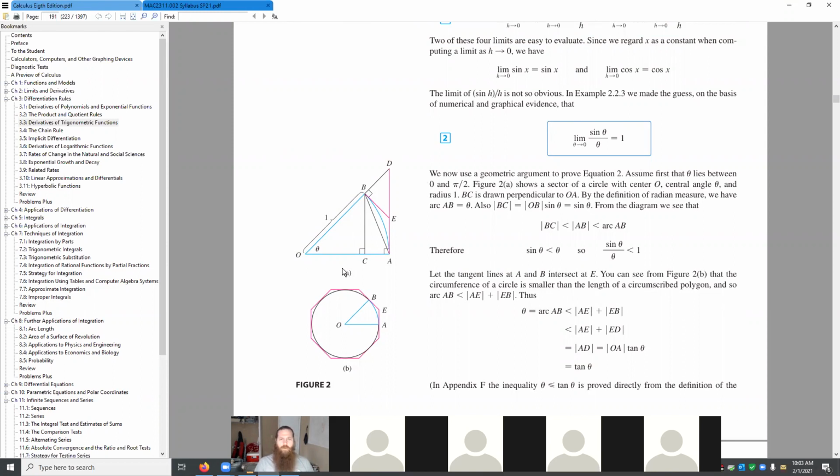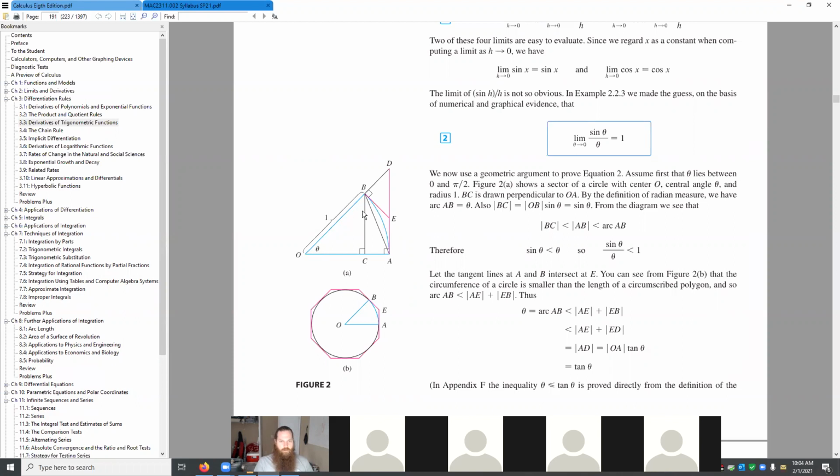If you look at your unit circle over here, the blue along this figure is from the unit circle. And they are going to compare some different lengths or different areas. Usually I do this with areas. And triangle theta, BC is from, so they're going to do it with lengths.